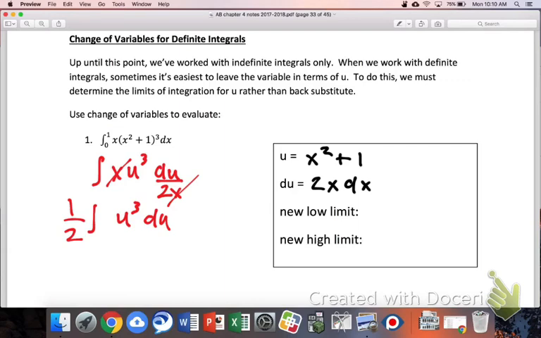Why not just use the equation that we used to substitute, right? u equals x squared plus 1. So for the new low limit, u equals, well, the old one was 0, so it'd be 0 squared plus 1. And of course, 0 squared plus 1 is 1. And the new high limit would be u equals 1 squared plus 1, and 1 squared plus 1 is 2.